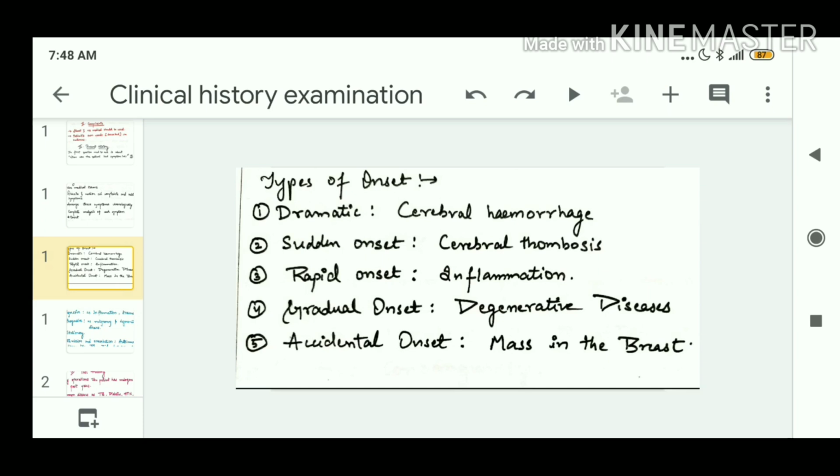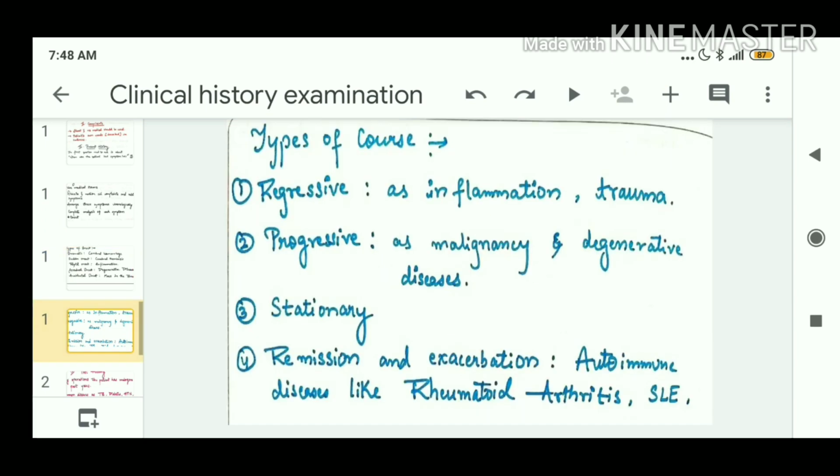Rapid onset will happen within days, for example inflammation. Gradual onset may happen within weeks, months, or years, for example degenerative diseases. An accidental onset is discovered by the patient by chance, for example a mass in the breast.